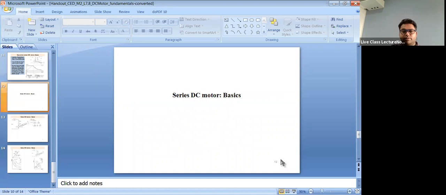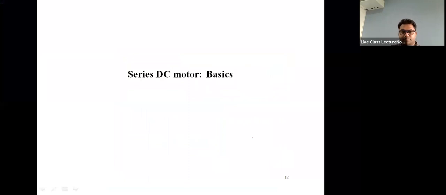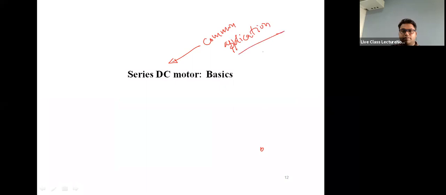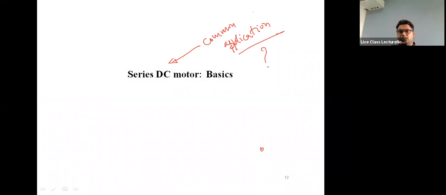Can you tell me the operation of a series DC motor? One very common application. What is it? Any answers? Self-starter in bikes.